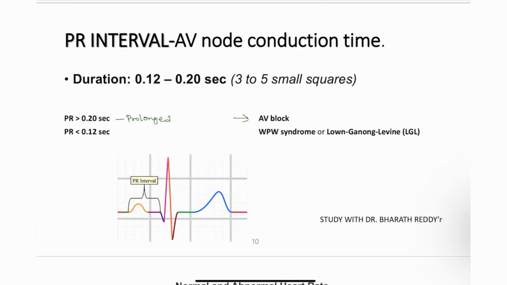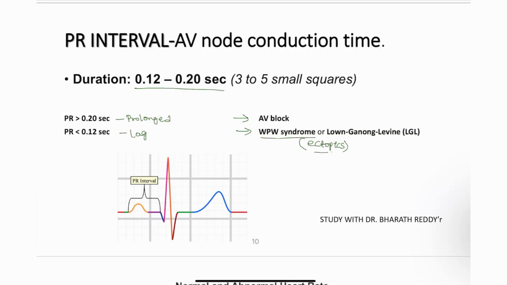Next, if the PR is shortened, again there is a dysfunction present, seen in WPW syndrome or Lown-Ganong-Levine syndrome. This is also due to which condition, guys? Ectopics. There will be ectopics causing an early or very short PR interval.